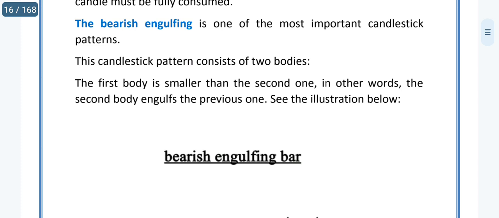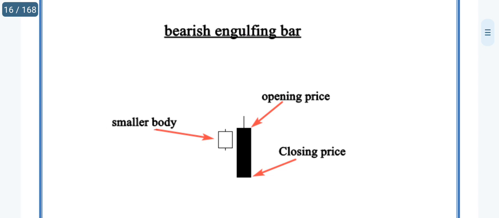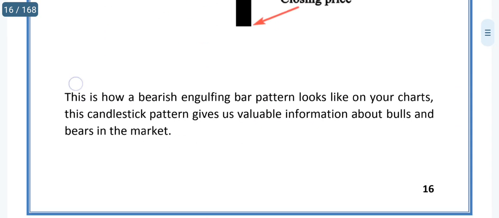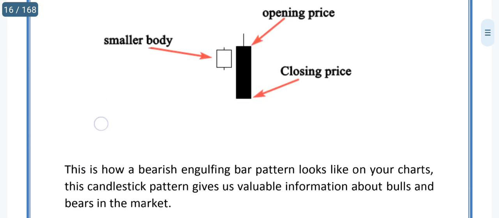You can see it in the illustration below. In the illustration, we have the smaller body, and we have the opening price and the closing price, as you may see here. This is how a bearish amplifying bar pattern looks on your chart.